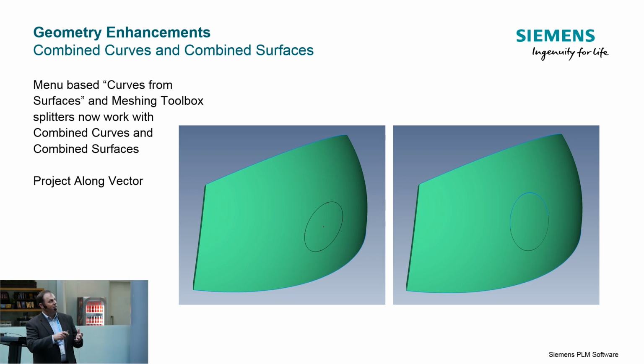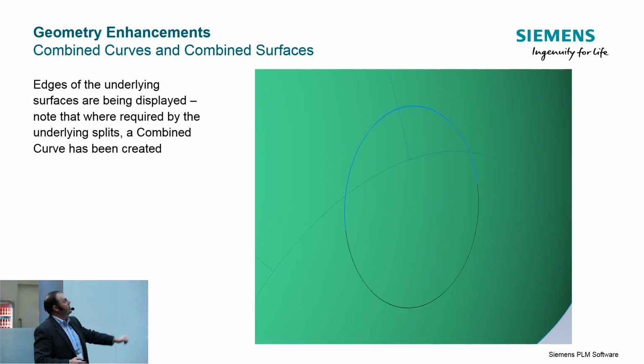Imagine you're projecting a curve down onto that surface. So we have this circle that we project down onto this boundary surface, and you can see on this next slide.